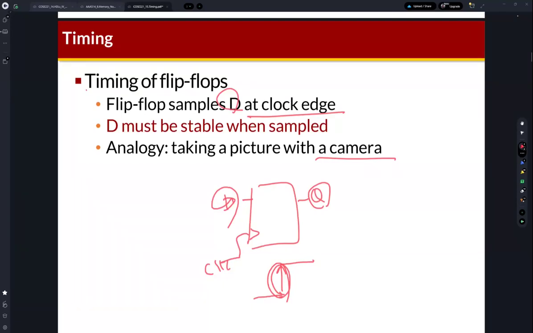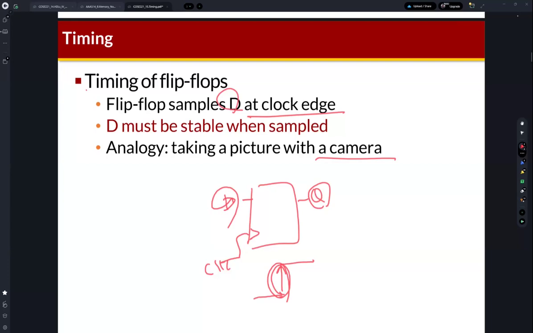During this short time, if the object is moving, then we get an incorrect or blurred image. But if the object is still, which means stable, then we get a clear image. It's the same because in the camera, the lens is open for a very short time, and then the image is sampled.